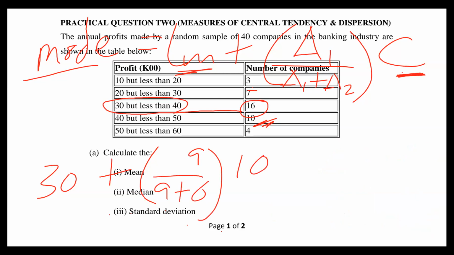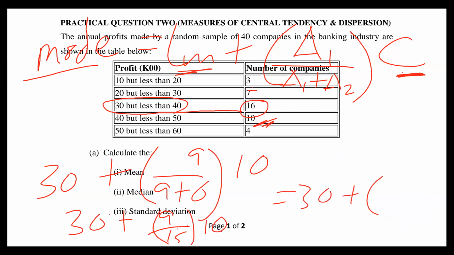Don't worry, you will be fine. And so you have 30 plus 9 divided by what? By 15, times 10. What is 9 divided by 15? 0.6. Okay, so 0.6 times 10 is 6.